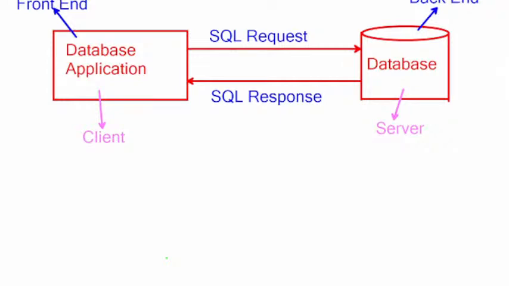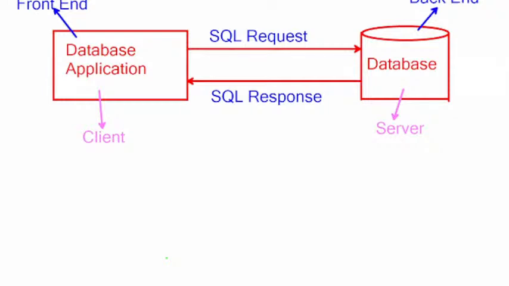If we install database software, how many parts get installed? Two parts. What are those? Database application and database. Is the database application front end or back end? Can we see the application? Can we see the database? No. The application communicates with the database by using which language? SQL. SQL full form?